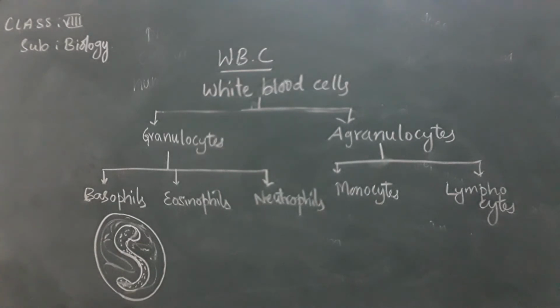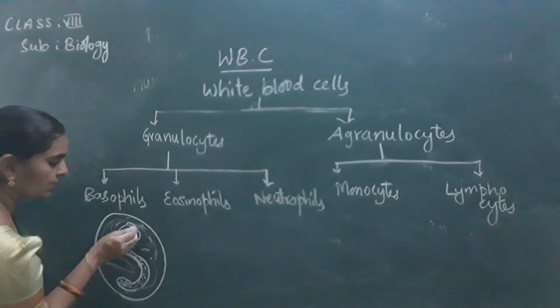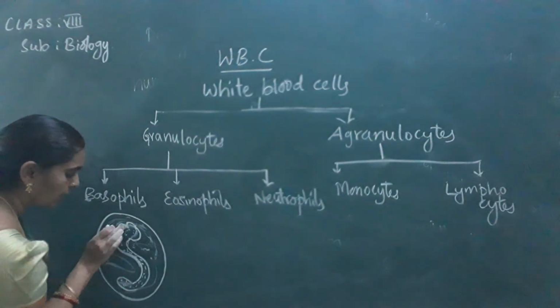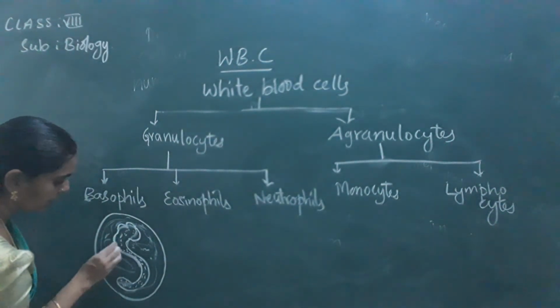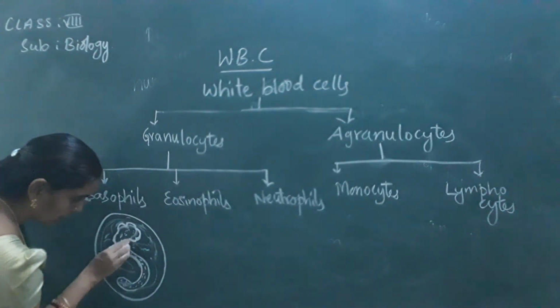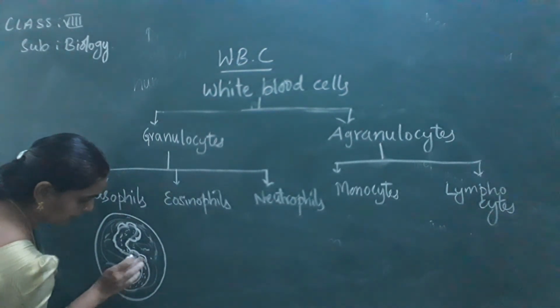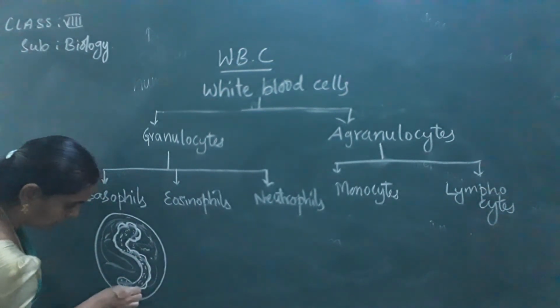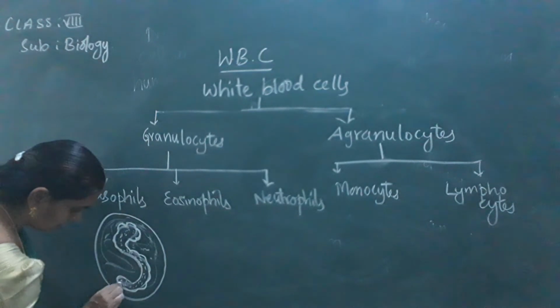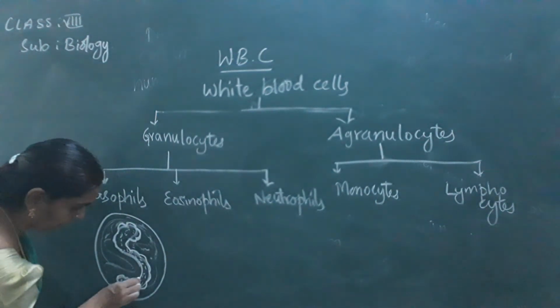The nucleus is constricted. These are the constrictions shown in the nucleus of the basophils. Okay, children? Hope you can observe how I am drawing.